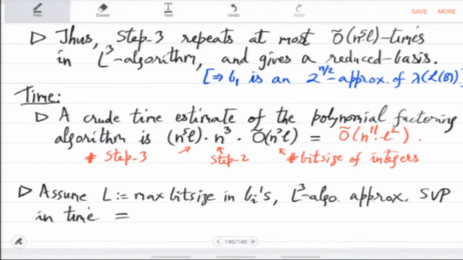So this will be the bit size of the integers times m for pre-processing, times m square whole square. So you get L square m to the 6.